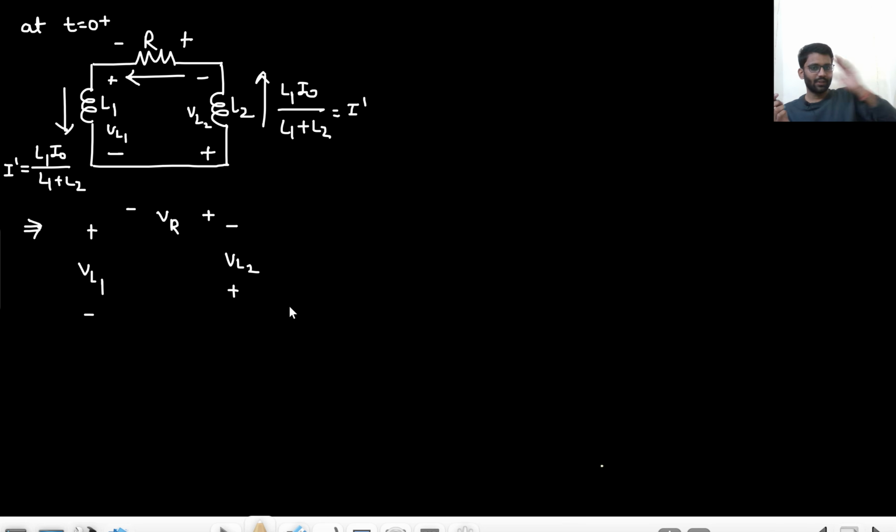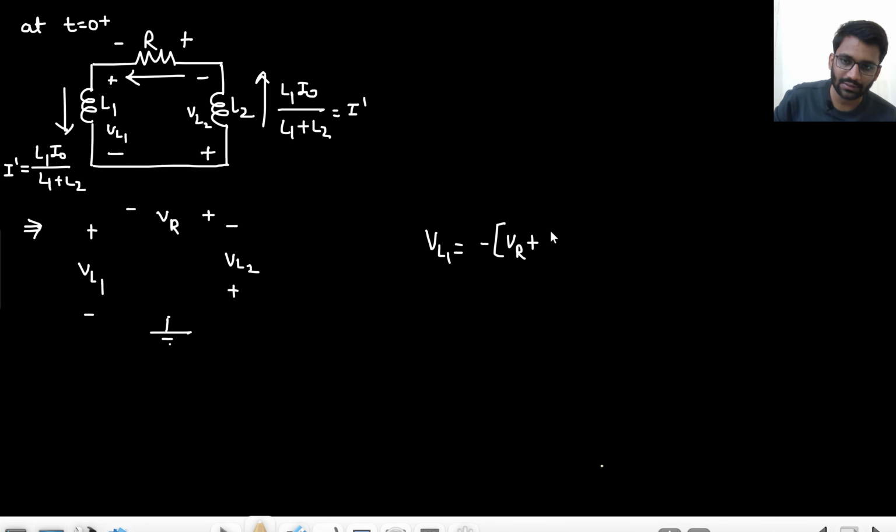So I dash current is flowing through L1 in this direction and it is giving a drop of plus to minus. Now if you see from here, this is grounded, and from here this is grounded. So from here if you go, this is a negative voltage drop and this is also a negative voltage drop, right? So basically your VL1 is negative of (VR plus VL2) and your VL2 is positive of (VR plus VL2).